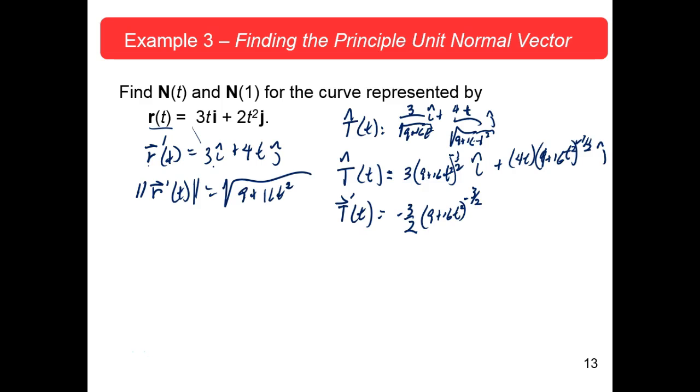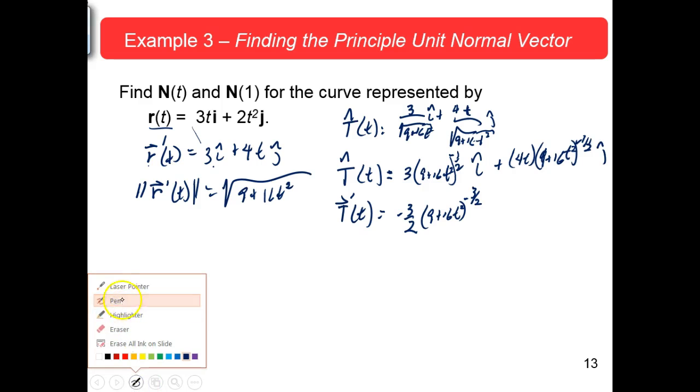So we got it so far, but now we have the derivative of the inside, which is 32t. So that's going to multiply by 32t and multiply that by negative 3/2. That would be a minus, well, 2 will go into 32, 16, minus 3 times 16 would be minus 48.